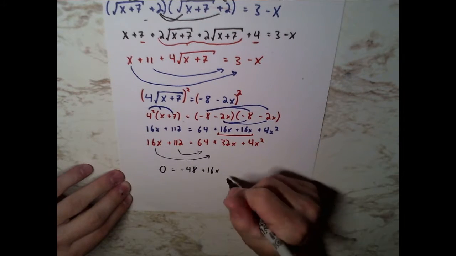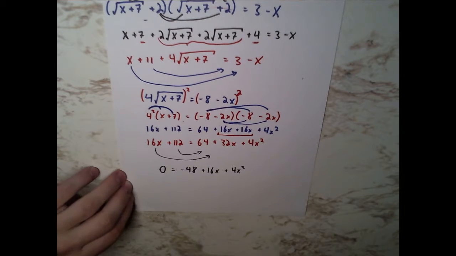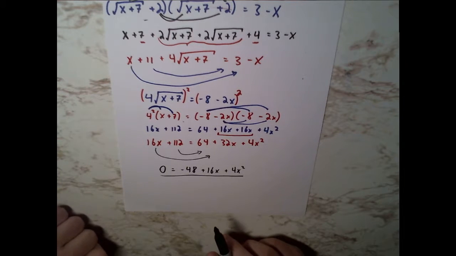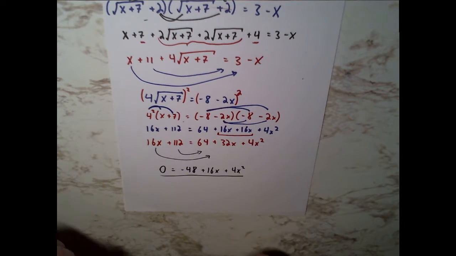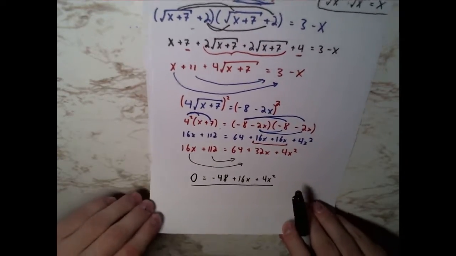And then we still have this plus 4x squared. So now this equation right here looks like something that we know how to solve. So I'm going to just transfer this over onto a fresh sheet of paper, and then we'll continue.